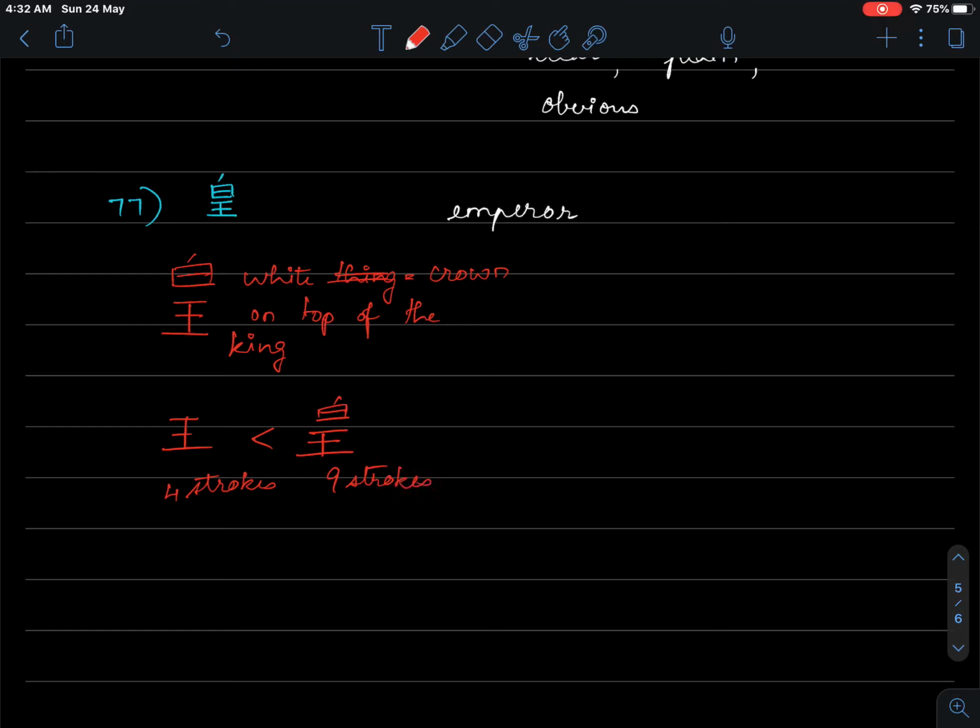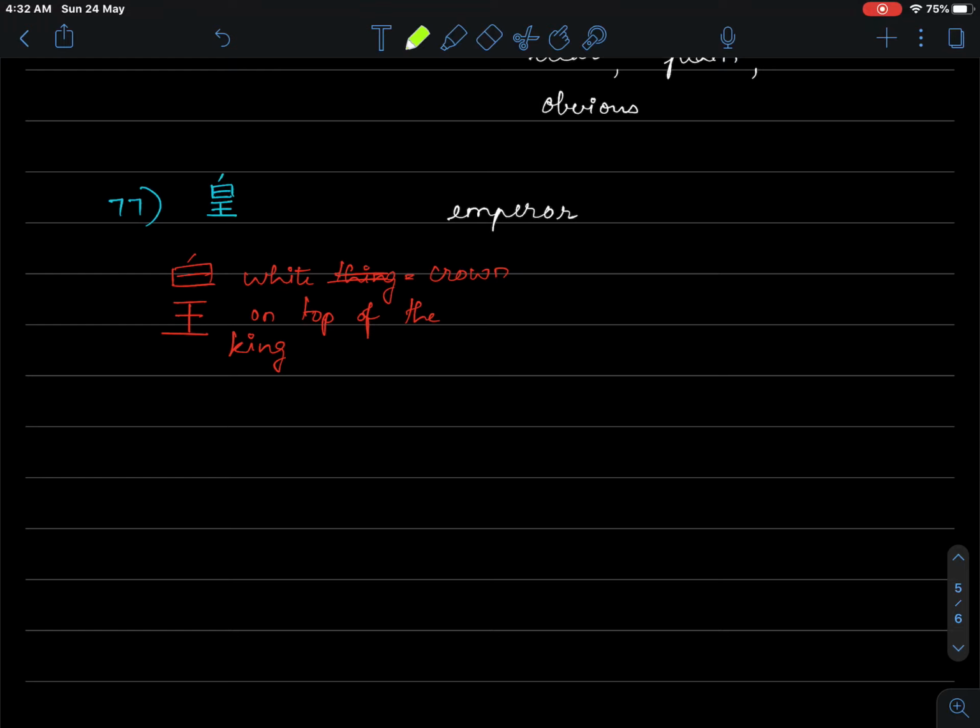So a ruler with 9 strokes is greater than a ruler with 4 strokes, right? Because 9 is greater than 4. So it's an emperor, because an emperor is greater than a king. Well, if you ask why an emperor is greater than a king, I can't really answer that. It's medieval logic, which doesn't really fly these days. So blame it on the medieval peoples. In any case, the meaning is emperor.